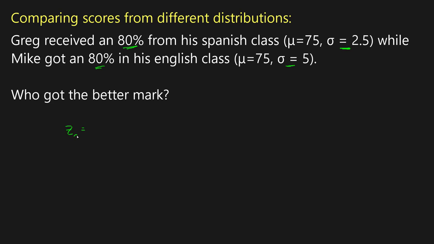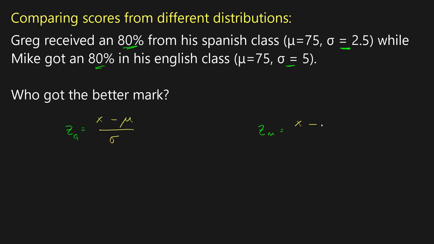I'm going to do a Z-score for Greg, and over here I'm going to do a Z-score for Mike. And I'll show these back to back. So actually let's do this in an easier to see color. Z-scores are x minus the mean over the standard deviation.